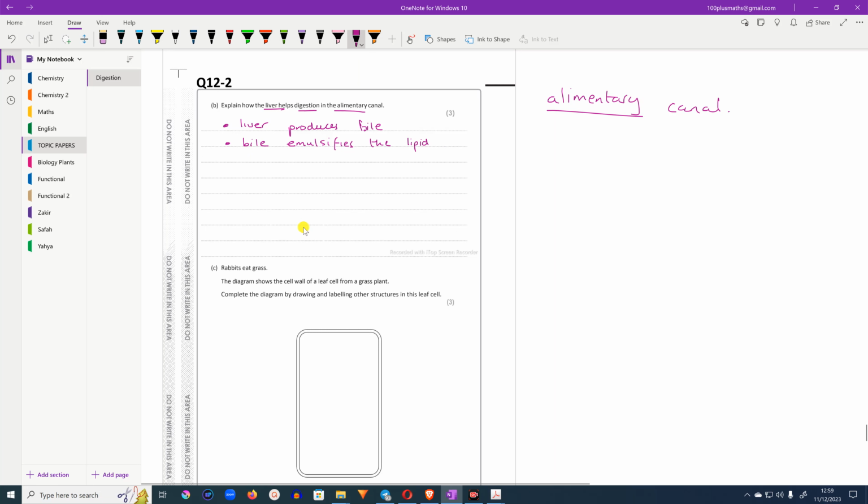Emulsifies the lipids to increase surface area for enzymes to act on. Right. It also neutralizes. So it neutralizes the acidic content from the stomach. Right. So it is alkali.